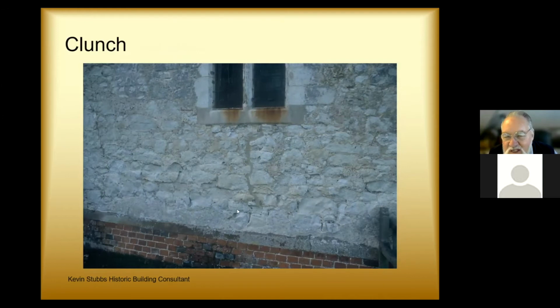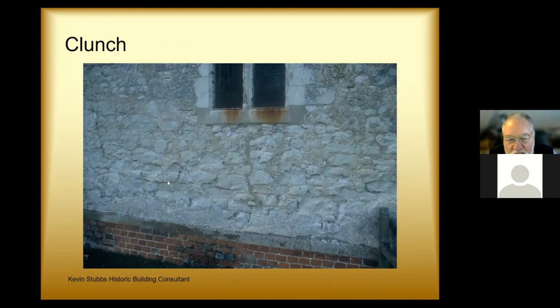At the bottom of the stack, we've got clunch, which is the youngest of the limestones. Basically, it's a hard chalk. It's the lower beds of chalk. And this was used for both rubble walling and also for dressings in areas where chalk was abundant near the surface. The problem is that it's not very resilient as far as weathering is concerned once it's out on the surface.